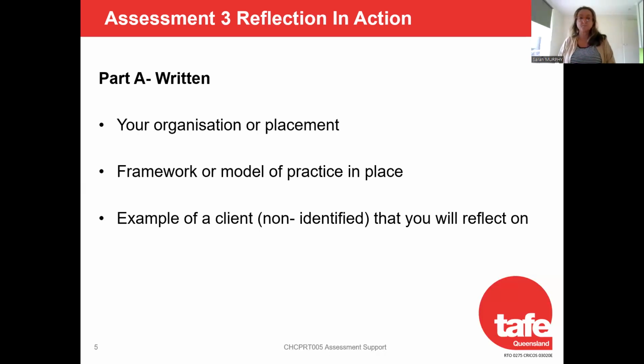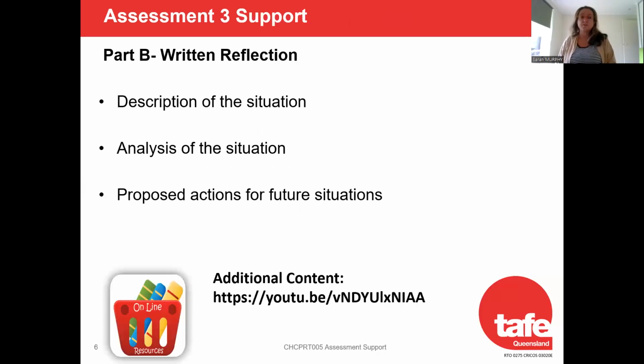So part B, we'll move along. The written reflection. Part B has some questions, and there's an example of this process given in the learner guide. It can be an event, an interview, a visit.